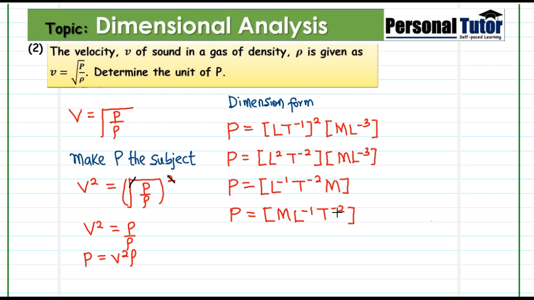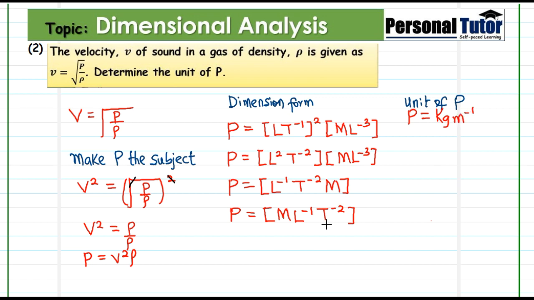Okay. Out of what we have written so far, we can then determine the unit of P. So P is equal to, we need simply convert these dimensional symbols to units. The first is M, mass, and it has the unit kilogram. Second, length, it has the unit meter to the power negative 1.